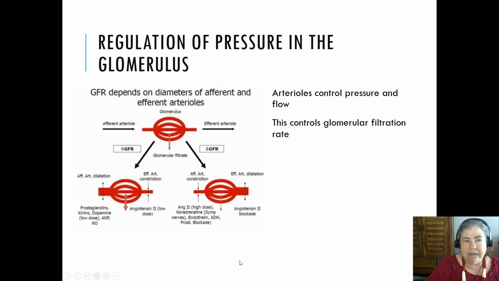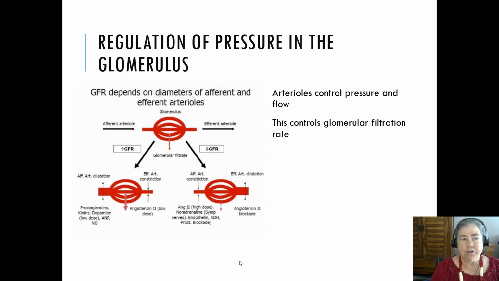Now, I mentioned that the pressures and the constriction and dilation of the afferent and efferent arterioles are separately controlled. And there is something called glomerular filtration rate, or GFR.